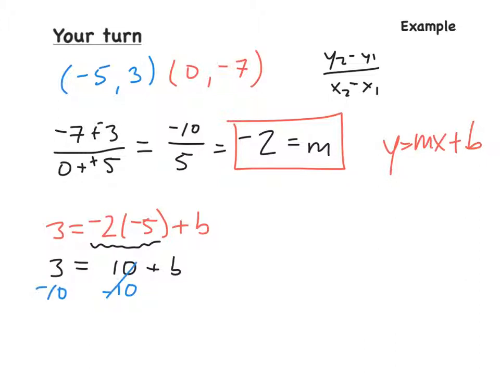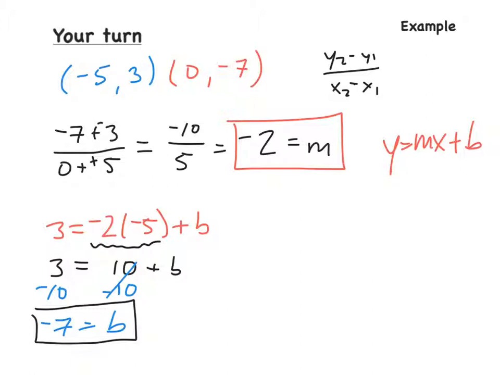So 3 minus 10 is equal to negative 7, which is equal to b. So now we have our slope of negative 2 and we have our y-intercept of negative 7.